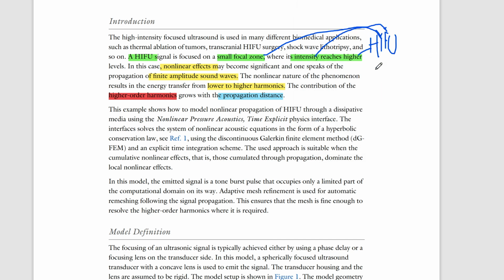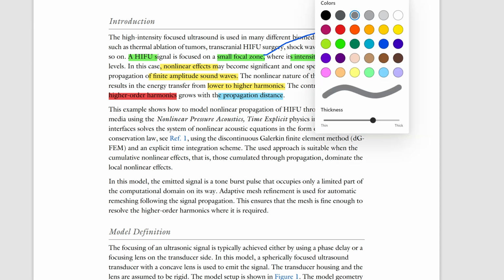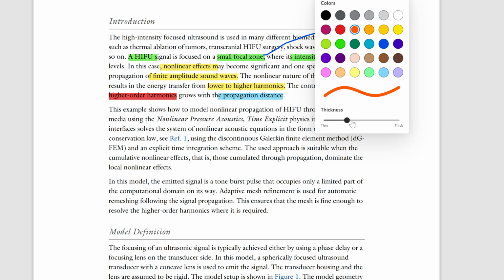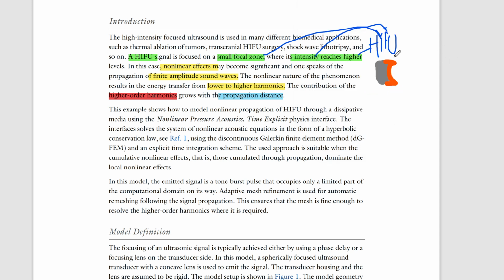If we have a transducer here and we have a focusing lens on the end of that transducer, that lens may be a concave shape like this, and what happens there is our beam line trajectory is going to be focusing to a certain point and then getting bigger, almost like we're using glasses.